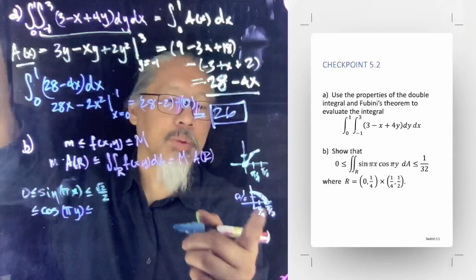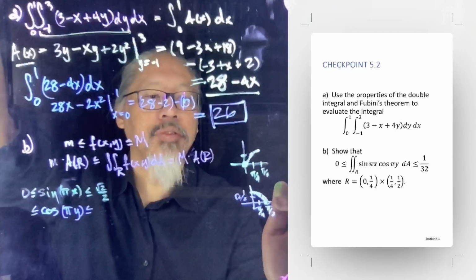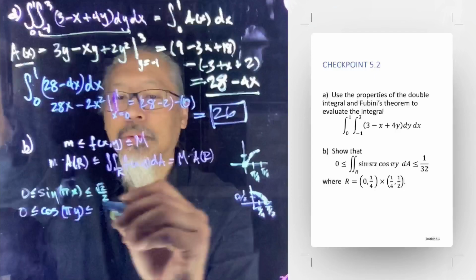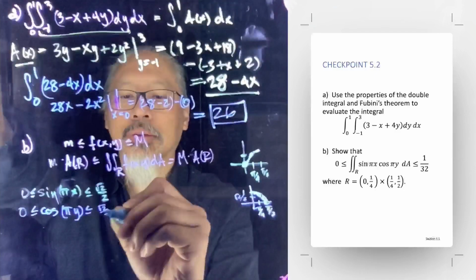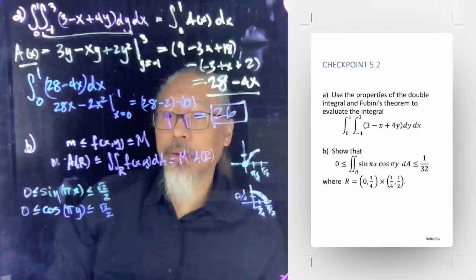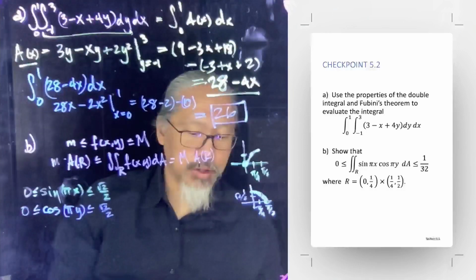So this one looks like it has a minimum of 0 and a maximum of √2/2 again. So a minimum of 0, a maximum of √2/2. And so that is going to be the boundary for each of those individual functions.